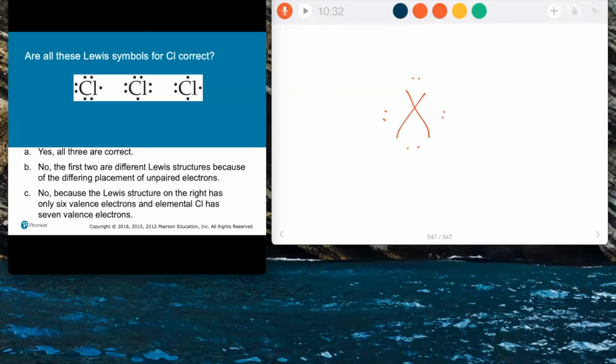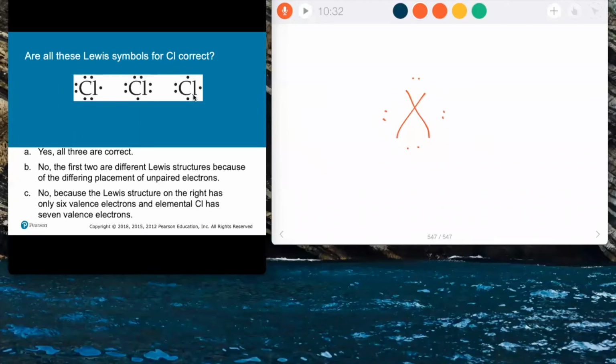For that question, why wouldn't C be the correct answer? No, because the Lewis structure on the right has only 6. You see this?